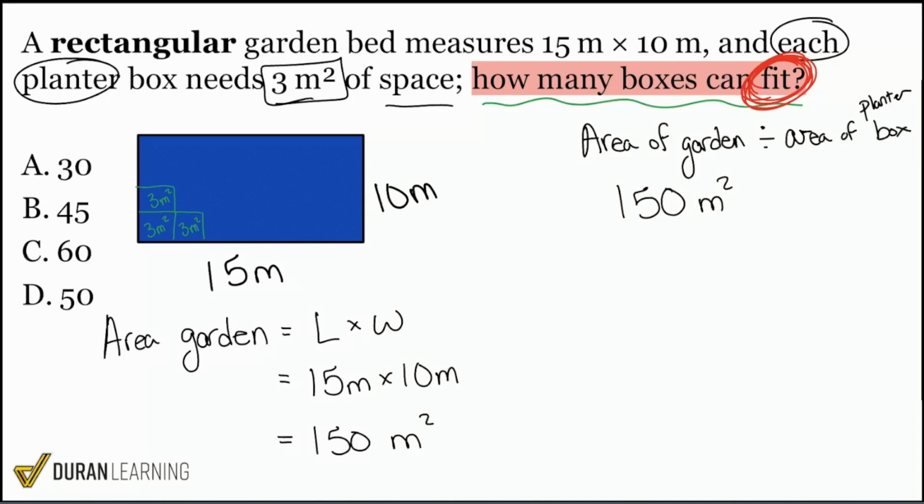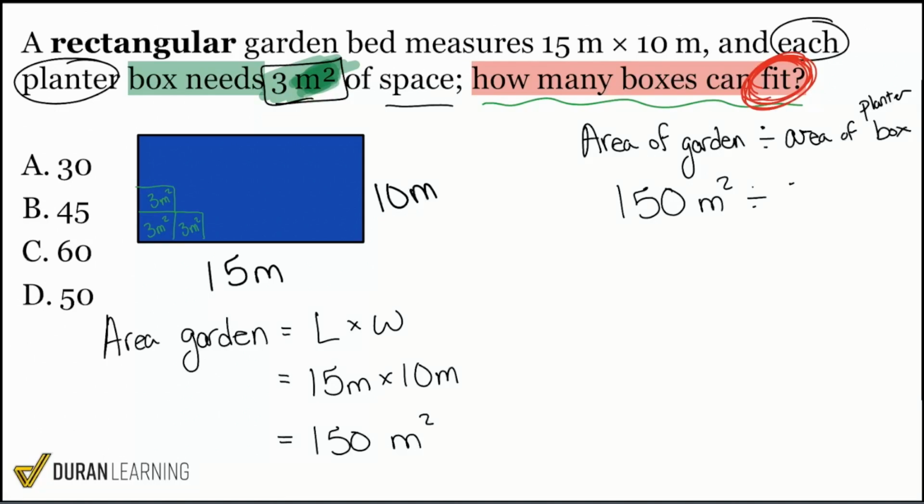Right here, because they gave us that the box needs 3 square meters of space. That's the big indicator. Remember, we talked about this plenty yesterday and today. Area is square units. So the planter box measurement that they gave us is already in area form, square meters. So with that, we're good to go.